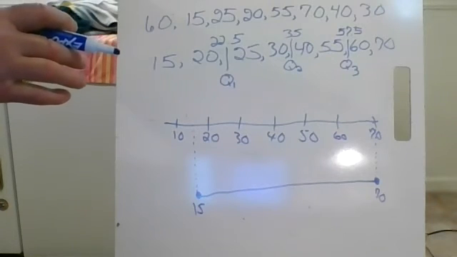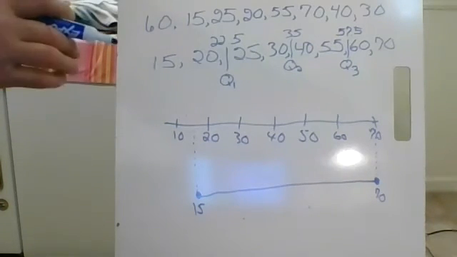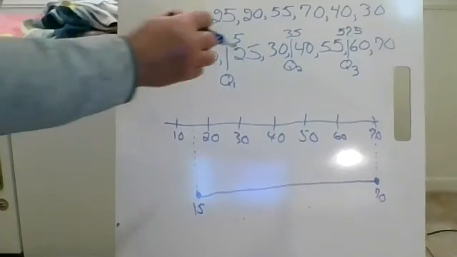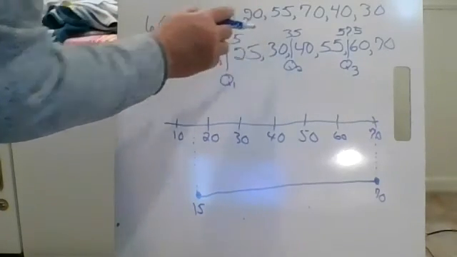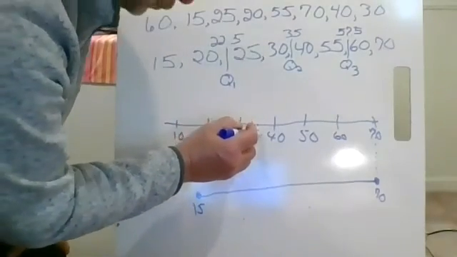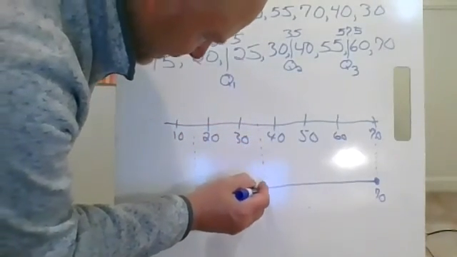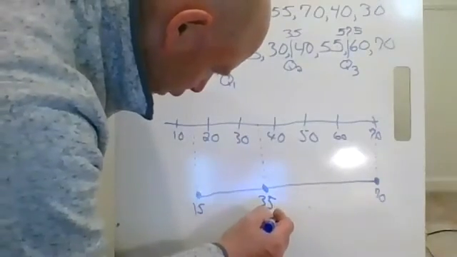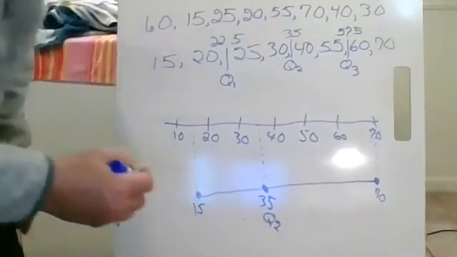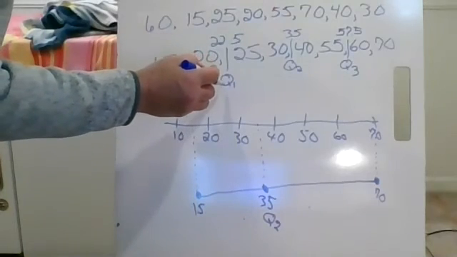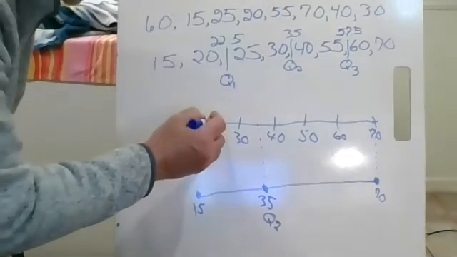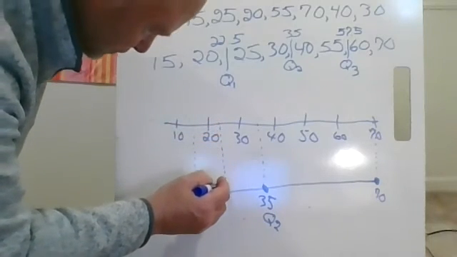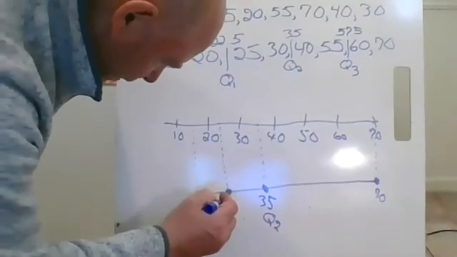Then the next value was the second quartile mark, the overall median, and that's 35. And so 35 is right here. We bring it down. We write 35 and we write Q sub 2. And then we go to Q sub 1, 22.5, which is going to be about right here. Write it down.